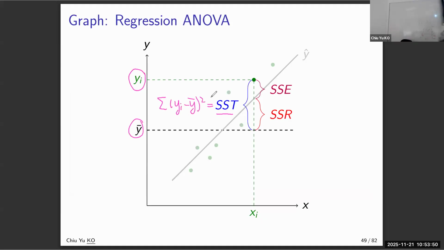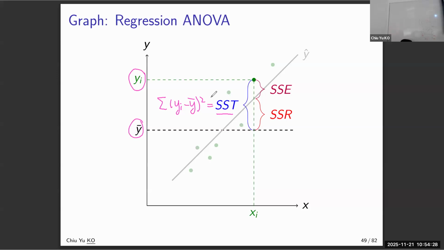It captures the total variation in the data, because this is the part that you want to explain by your model. If your model is useless, how do you predict y? Simply y bar. Y bar is the model if your x is not useful. The dashed line is your model. So the thing that needs to be explained by your model is SST.